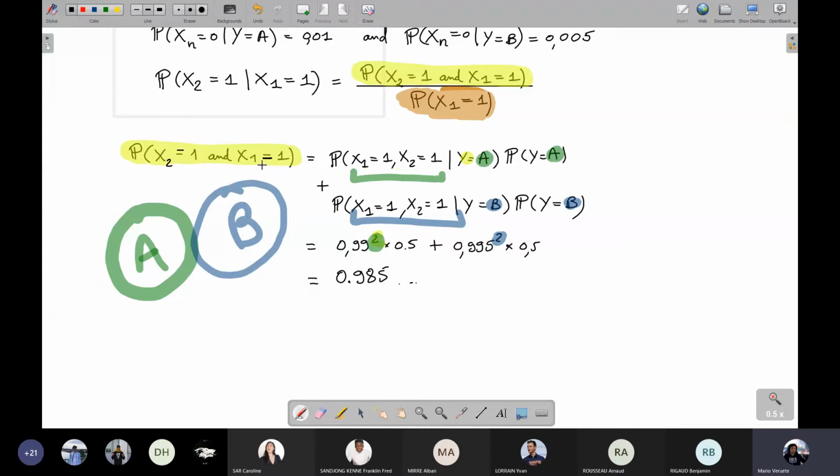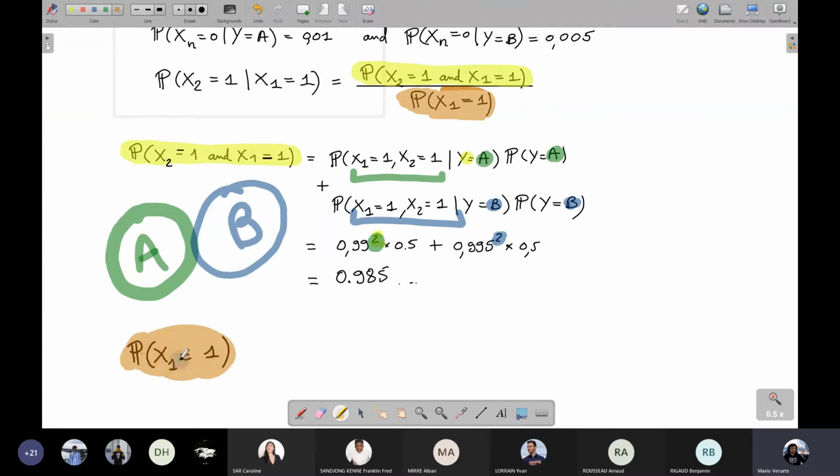Now, on the other side, we have the probability that x1 is equal to 1, that is the brown denominator.